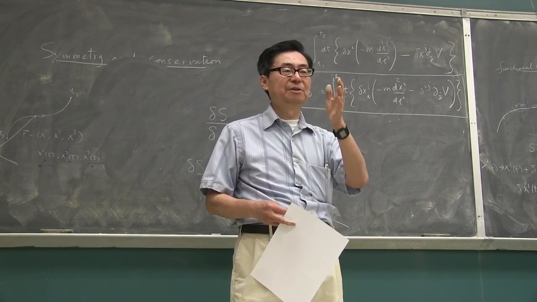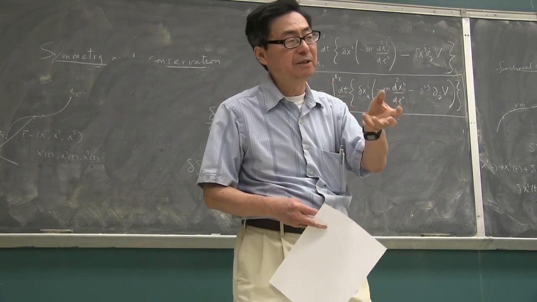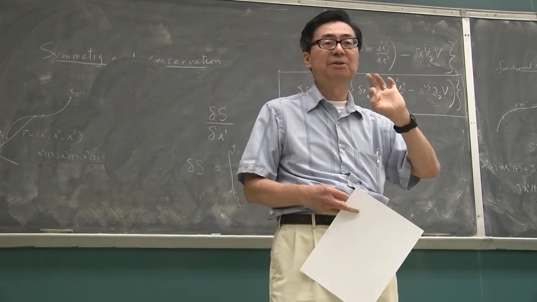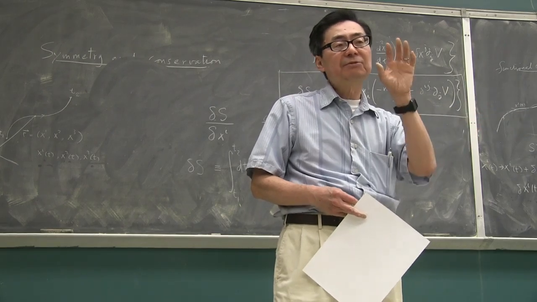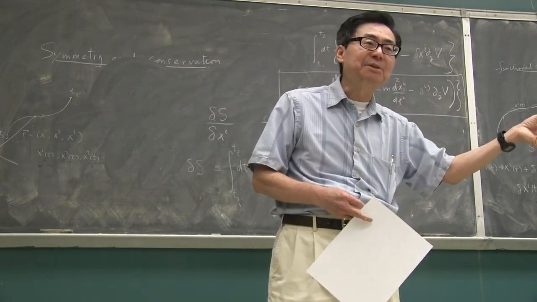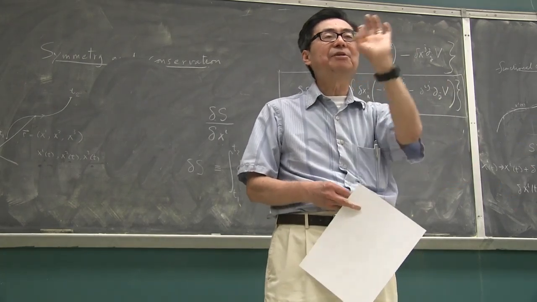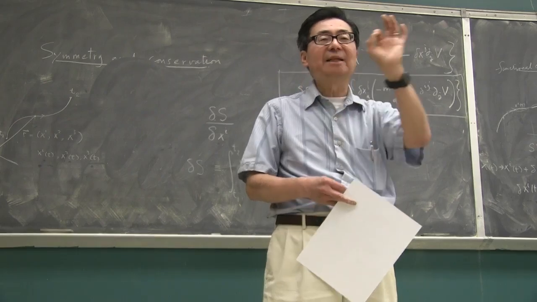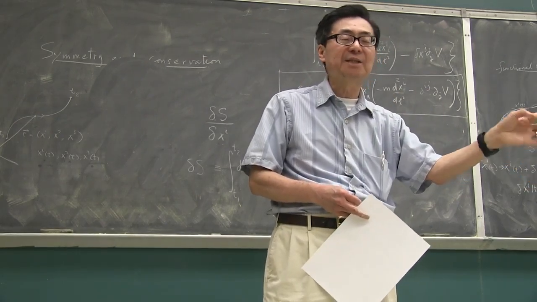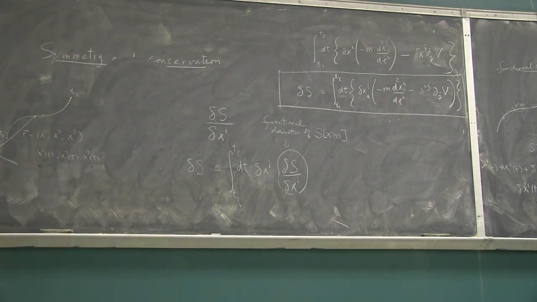An ordinary function, if you talk about a real value function of one real variable, is a mapping from a set of real numbers to a set of real numbers. A functional is a mapping from a set of functions to the set of real numbers. That means given a function, I can calculate a number. An ordinary function is given a value, I can calculate another value, which is f of x. Okay? That's a difference. And so the functional derivative has to be defined a little bit differently.